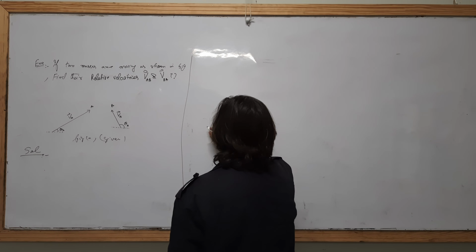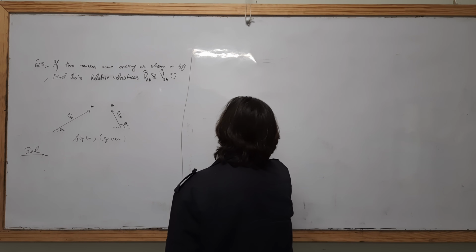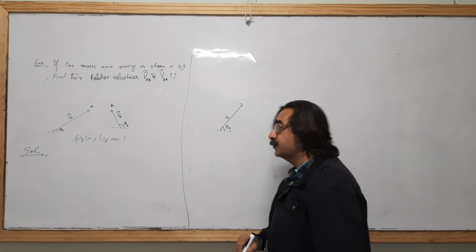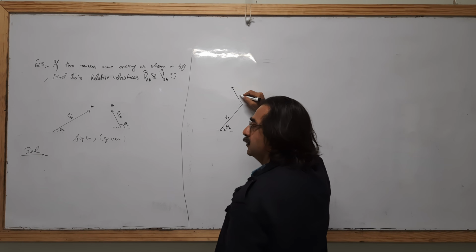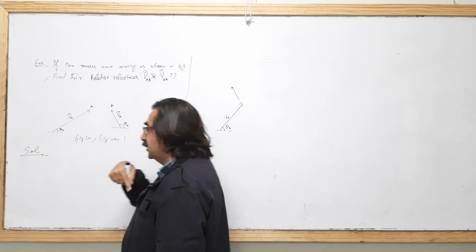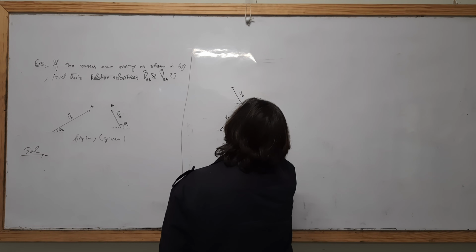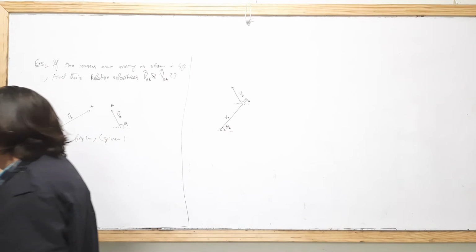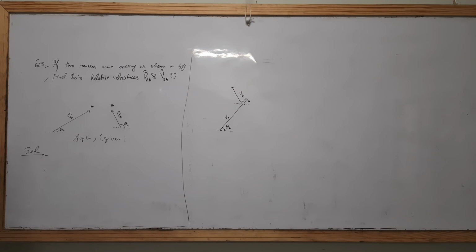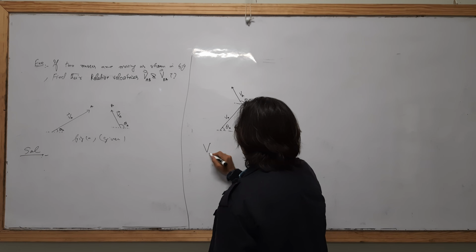According to the head and tail rule, this is VA making angle theta A, and this is the velocity VB, making angle theta B. You have to find VAB.